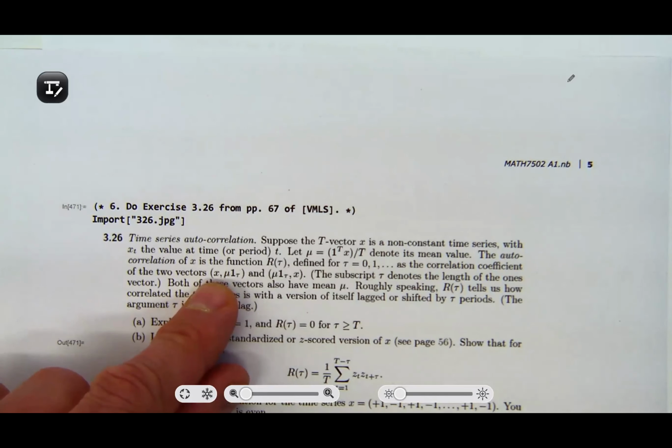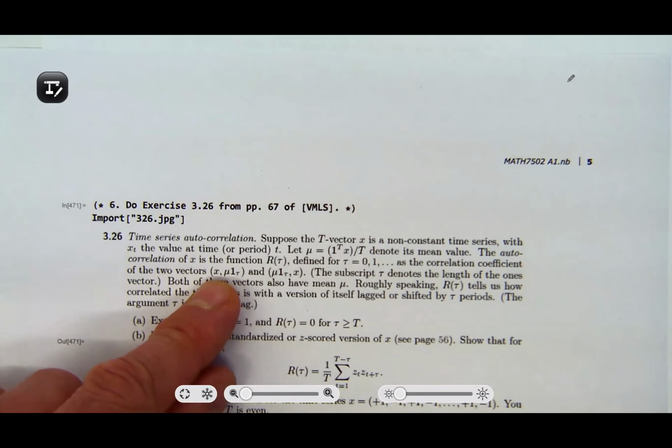Now you might think that this is the inner product, the dot product, but not in this text, it doesn't refer to that. What it refers to is, well, I want to say concatenation, but it's not quite. What you do is take the vector x, and on the end of it you glue on this vector mu 1 subscript tau.